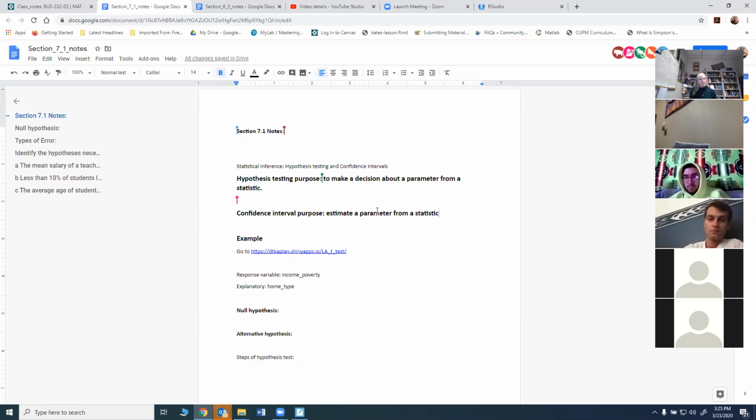Right now, we're dealing with the coronavirus. And we're seeing a lot of people talking about, what's your chance of dying from this? That is an estimate of your parameter, how many people die, from the statistic, how many people have actually died. So we're seeing that going on in this day and age every single day, what that percent is.